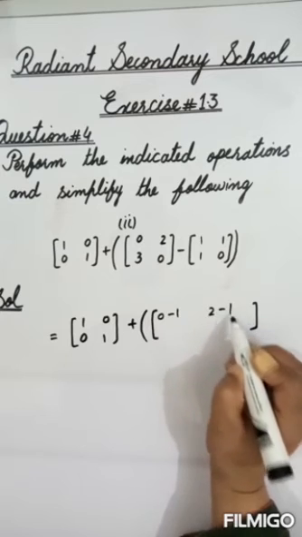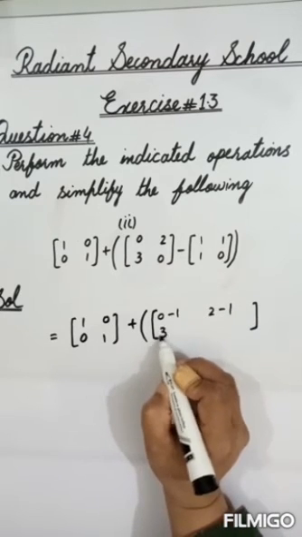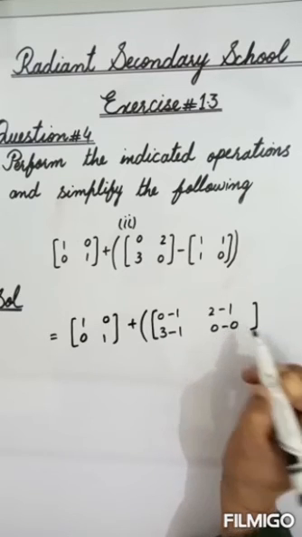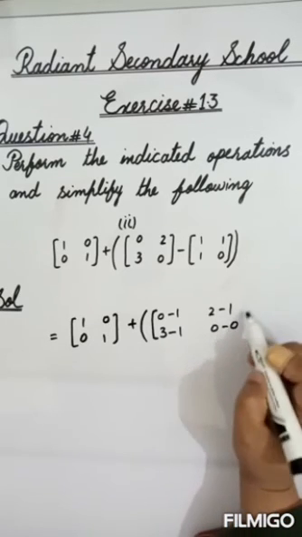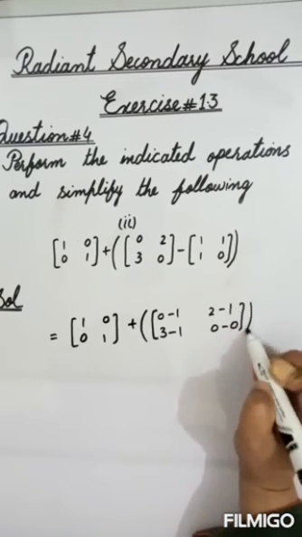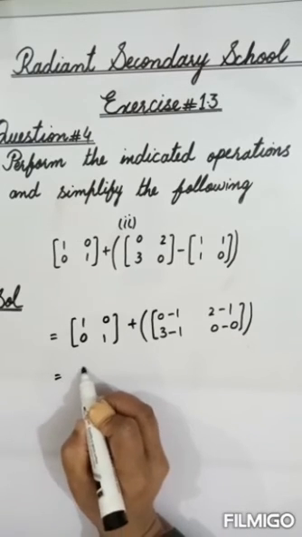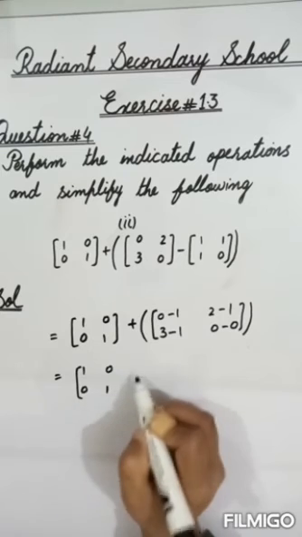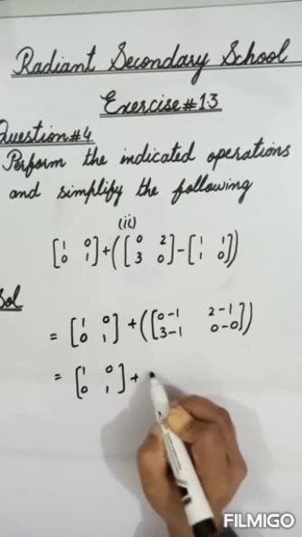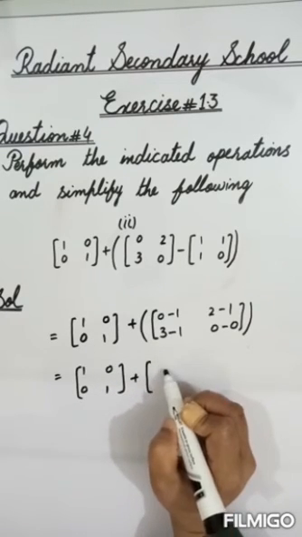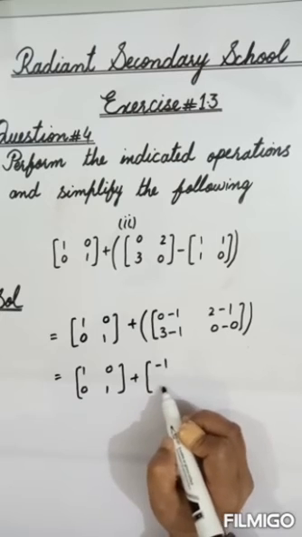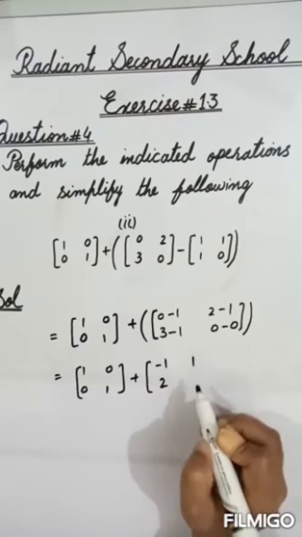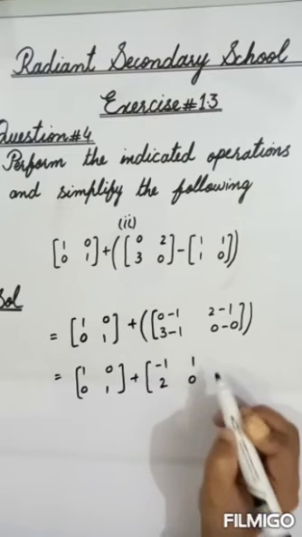2 minus 1, then 3 minus 1 and 0 minus 0. Now by solving we are having 1 0 0 1 remains as it is, plus it goes to 0 minus 1 minus 1, 3 minus 1 2, 2 minus 1 1 and 0 minus 0, it's 0.